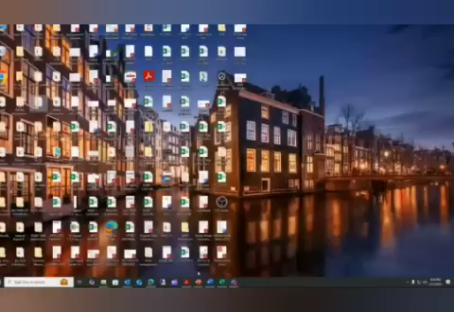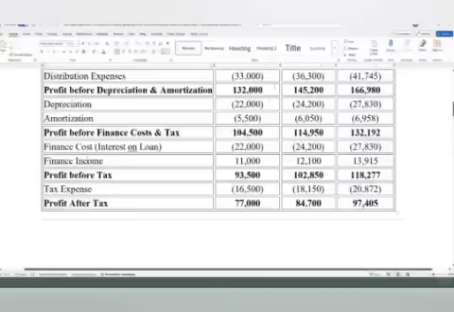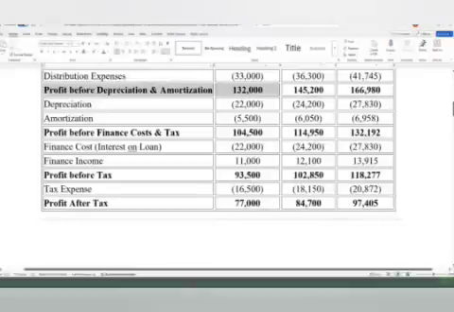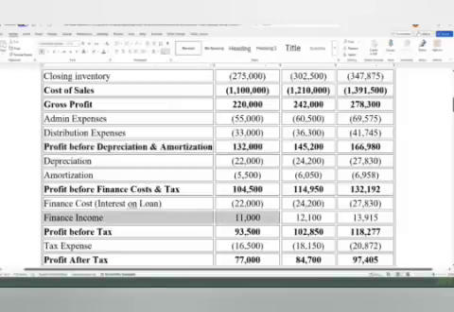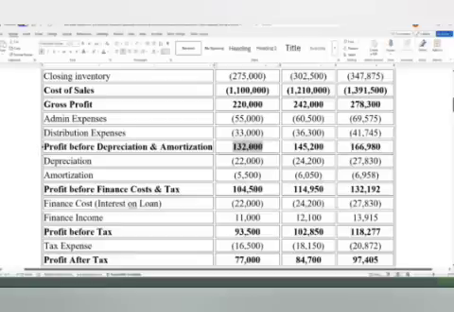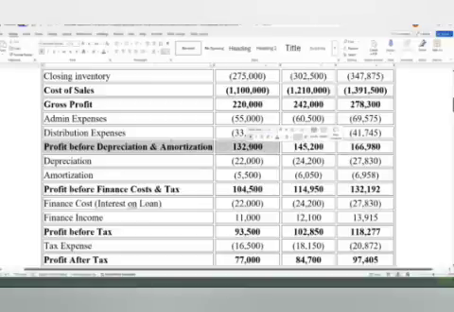So if you come back here, you can see that it aligns directly with this profit before depreciation and amortization, even after we have removed finance income. So this 132 aligns practically with your EBITDA, that this is your earnings before interest, taxes, and depreciation. But sometimes the examiner may not give you this figure, and at times he may give you and say this is EBITDA, so you don't need to stress yourself, just pick the figure.